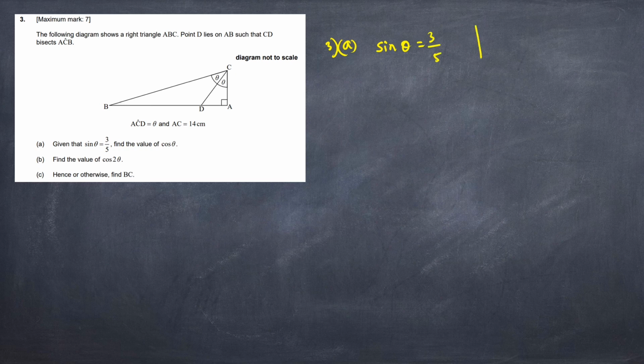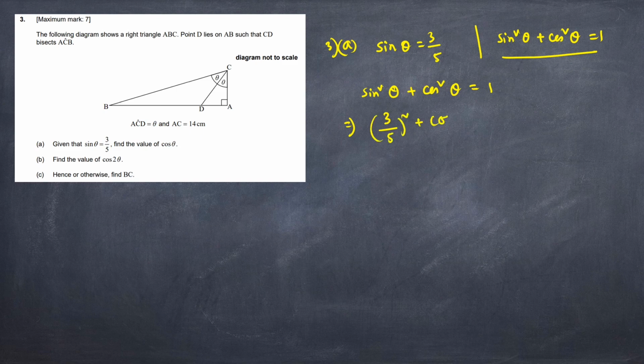From the formula we know that sine square theta plus cos square theta is equal to 1. We need to use this formula here. So 3 by 5 whole square plus cos square theta is equal to 1.